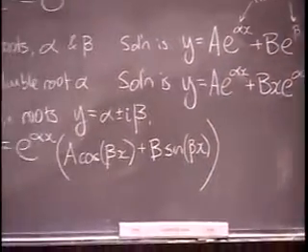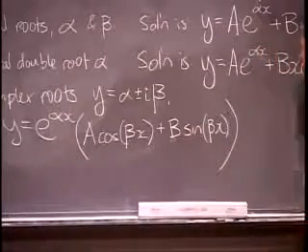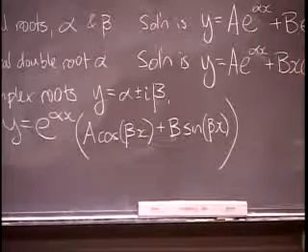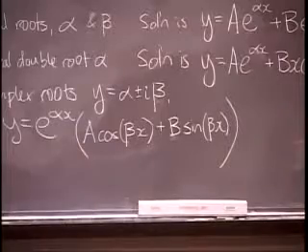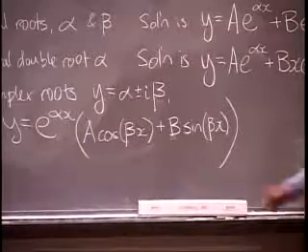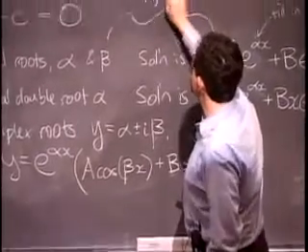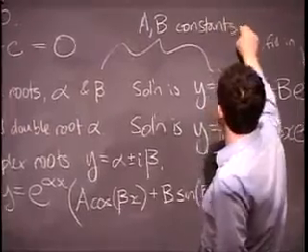And that, again, this is a B, not a beta. I cannot really justify this for you on the fly. It's something that you have to just work out and see and make sure that it works, or read it in the book. Now, in all the cases here, A and B are constants, which are not known unless you have an initial value problem.